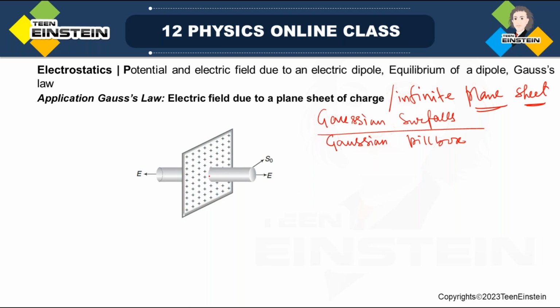In this case, I have taken it such that it has a very small length. This is the Gaussian pillbox.